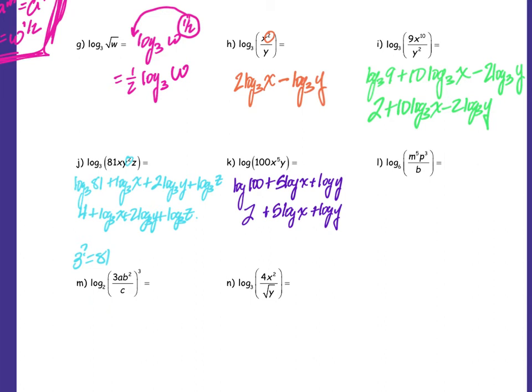And then the last one is 5 log base 6 of m plus 3 log base 6 of p minus log base 6 of b.